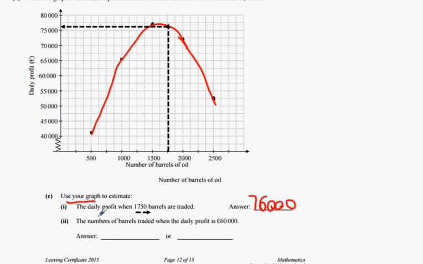Okay. The number of barrels traded when the daily profit is 60,000. Why is there two answers and not one? To make 60,000 euro, the problem is it happens twice. It happens once here, and then a second time around there. So you have to give a good estimate on both numbers. That's 750 in the middle. What's halfway between 1,000 and 750? 875.